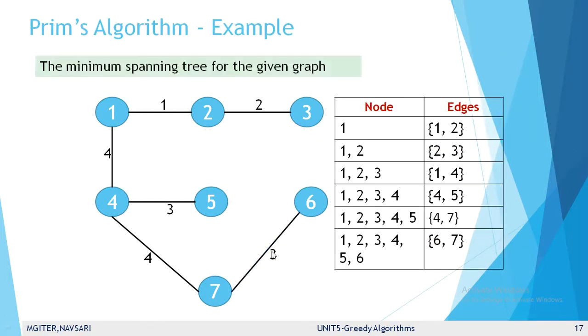Now the minimum spanning tree contains all the vertices and n minus 1 edges, and the total cost is 17. One thing to remember in Prim's algorithm is that we first select any arbitrary node and then select the node with the minimum weight, and the next time we select edges with an adjacent node, and it must not form a cycle.